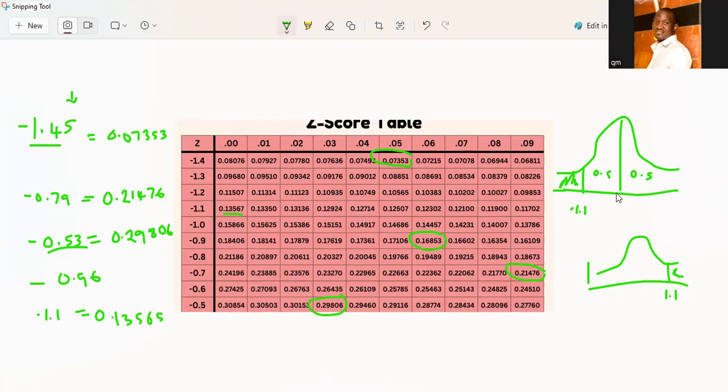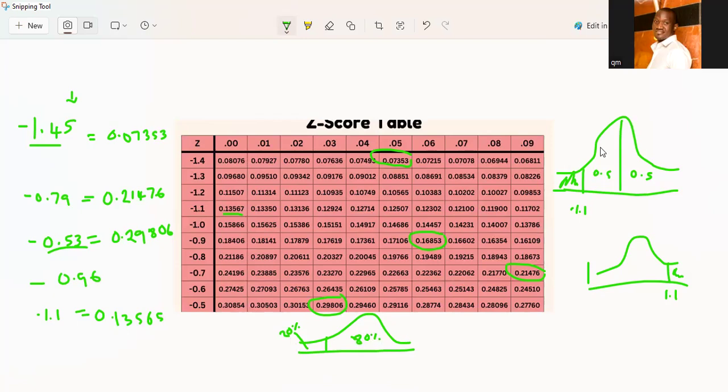So if, for instance, let me use a logical explanation. If from here to here is 20%, what is the remainder from here to the other end? 80%, right? But how do you get the 80%? Simply subtract 100 minus 20%, or 1 minus 0.2.